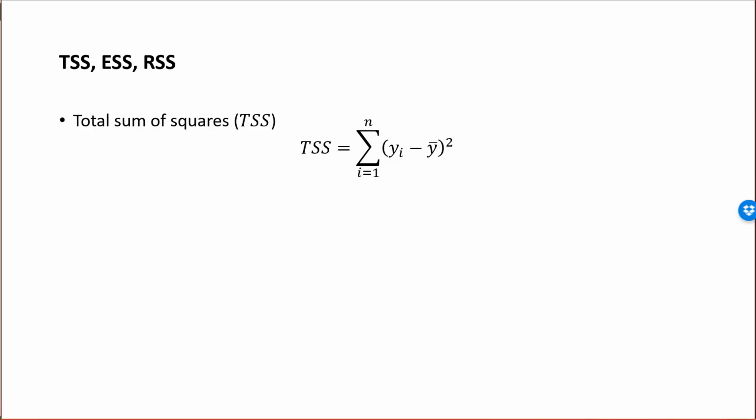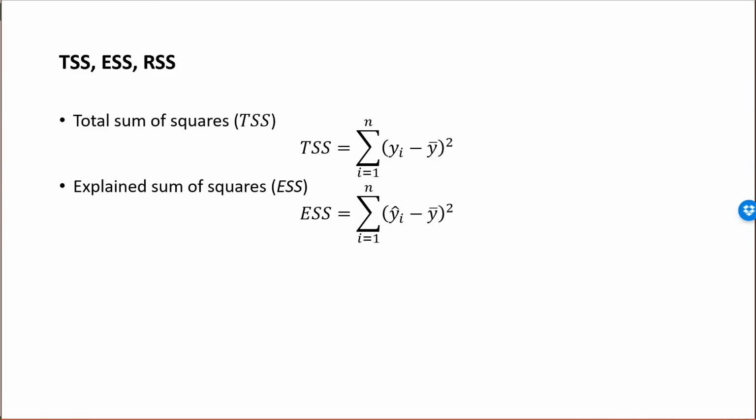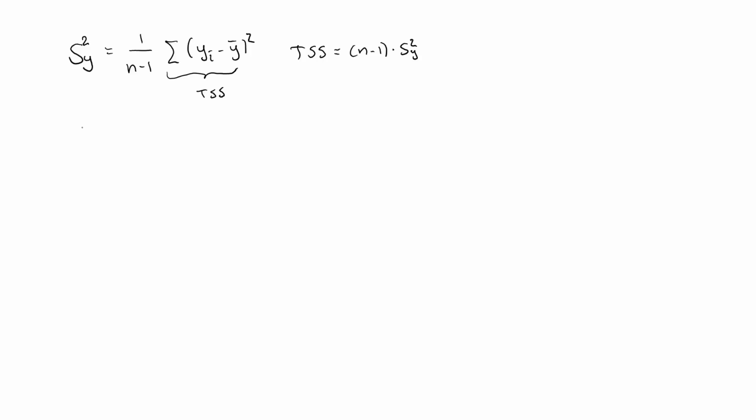Next we have ESS, which is explained sum of squares. And this is a similar concept but using fitted values instead of the actual values. So again, if we look at the sample variance of the fitted values, that's denoted like this.